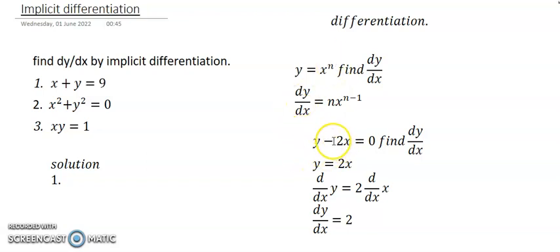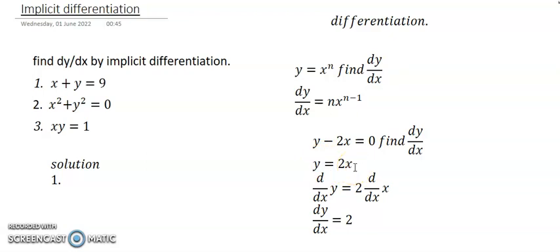Okay guys, for instance, let's say we have y minus 2x equal to 0, and we are asked to find dy over dx. But this time around, we are not told anything about implicit differentiation, meaning that we will first make y the subject of the formula. Then if we do that, we will get y equal to 2x.